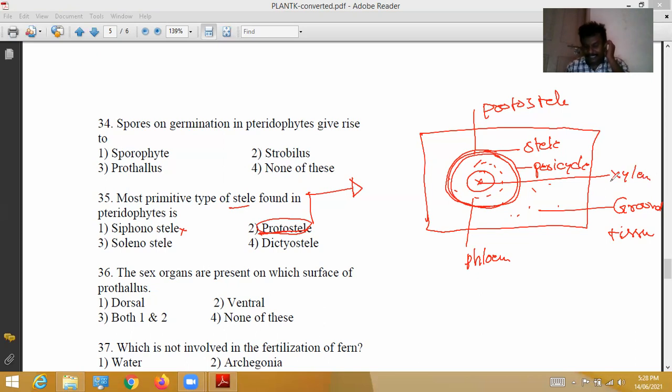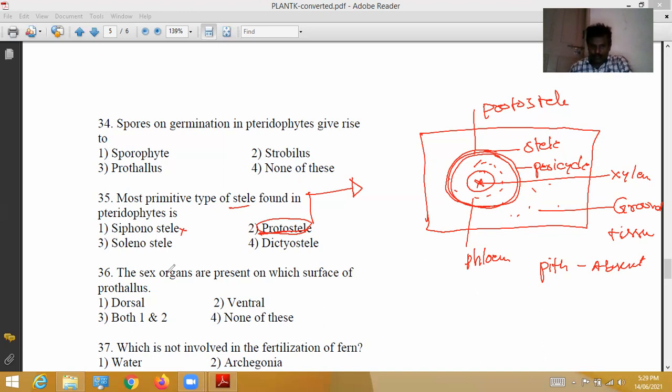Next, it is a conductive system of simple organization. Through the xylem and the phloem, various kinds of materials are transported. In this type of protostele, pith is absent. There is no pith. It can be found in primitive vascular plants, especially in pteridophytes only.